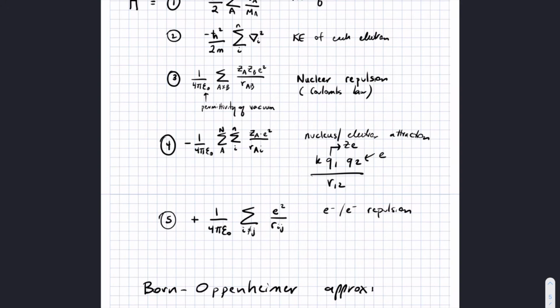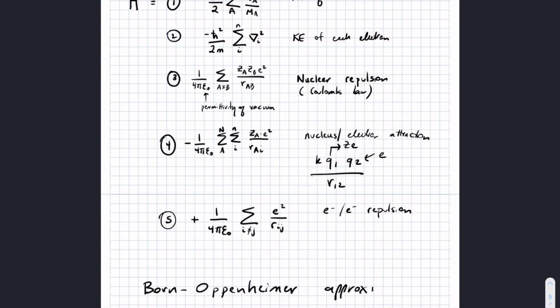And if nuclei move, the electrons can rearrange themselves almost instantaneously due to changes in nuclear position. So we're going to imagine that the nuclei are motionless, which of course they're not in reality. And then we're going to consider only electron motion.